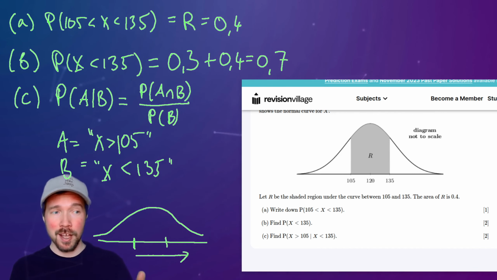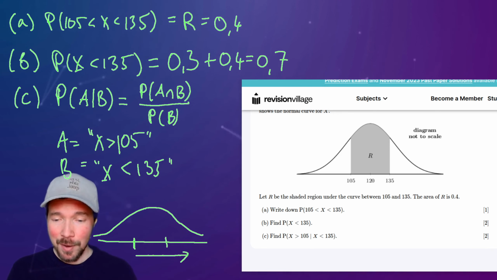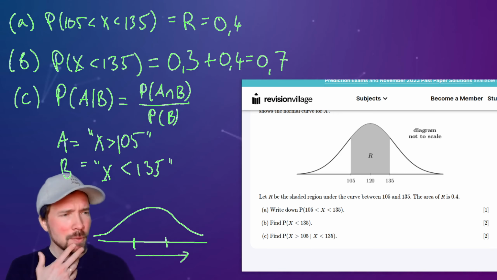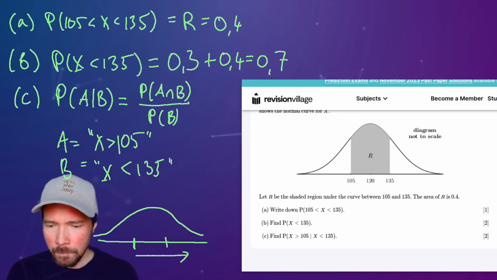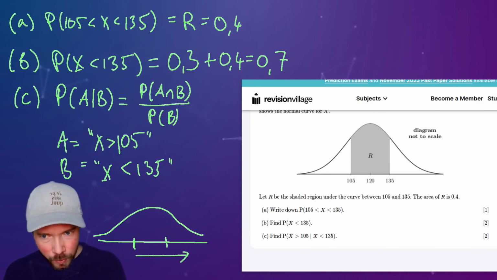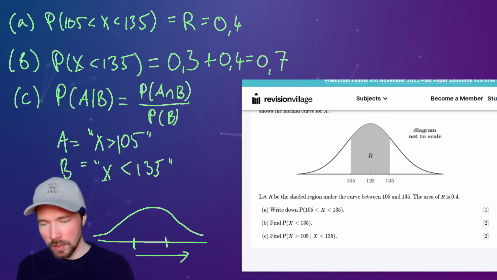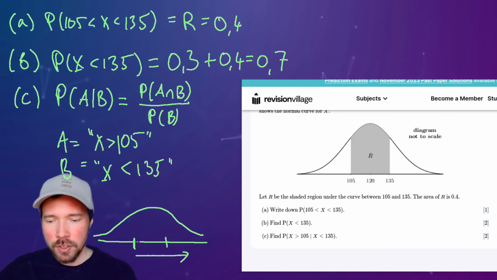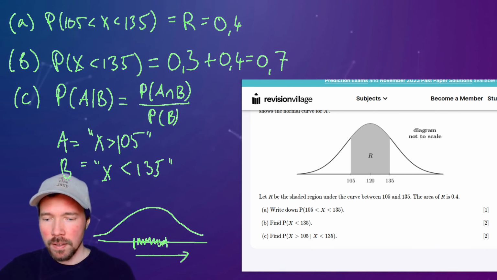This is not the first time in a video. When I say left, sometimes I mean right. I don't know why. Maybe it's because I'm seeing myself like in a mirror, whatever. So A is everything to the right of 105, and B is everything to the left of 135. So their intersection is this area, which is exactly R.